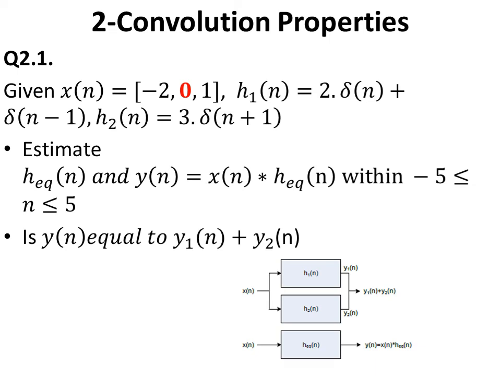Then you can see whether the results are equal or not, right? So after finding Y1n plus Y2n, you have to draw it. Then you have to find Yn, and you have to draw that one as well. Then you can observe whether those are equal or not.